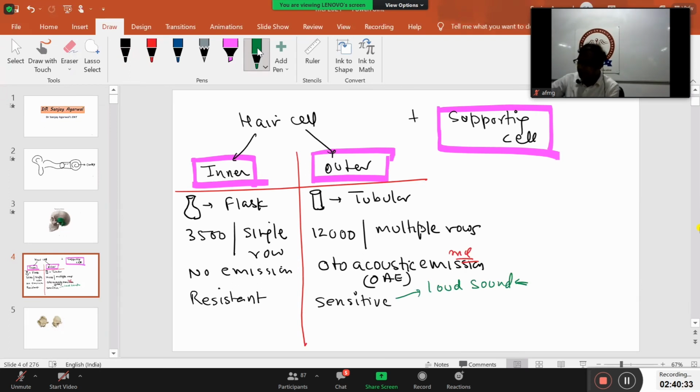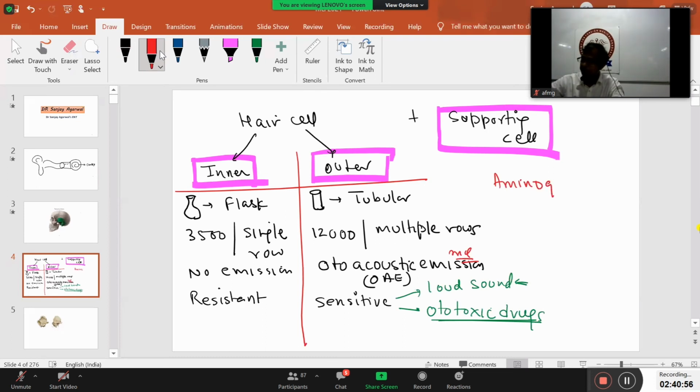But the other thing that can damage are ototoxic drugs. Ototoxic drugs can also damage the outer hair cells of the cochlea. There are some medicines which can damage them, and they are called ototoxic drugs. Can you name some important ototoxic drugs?